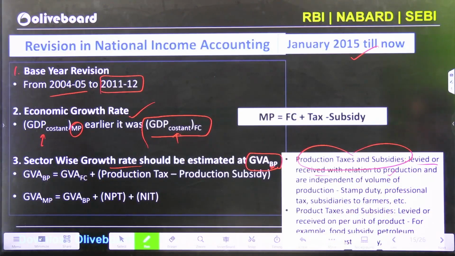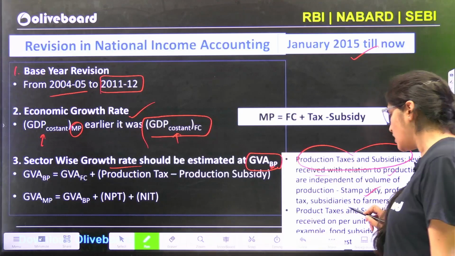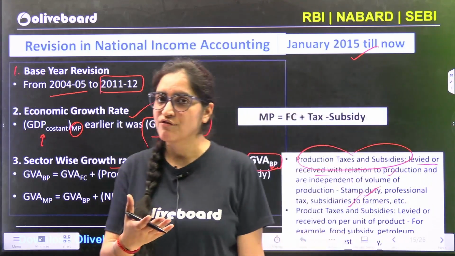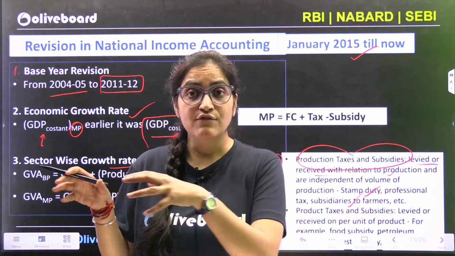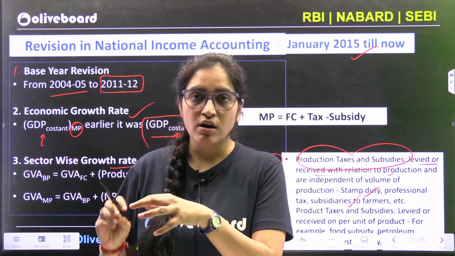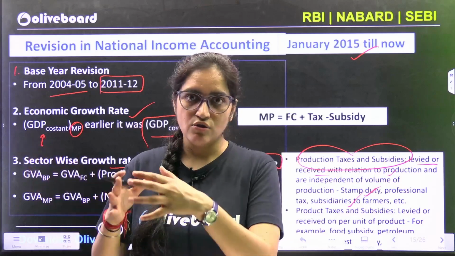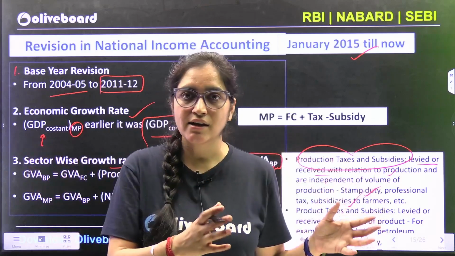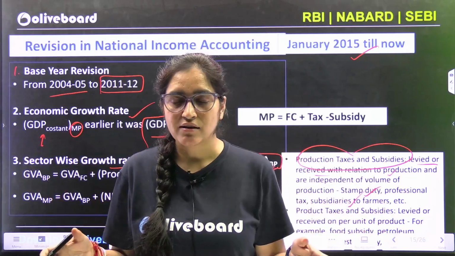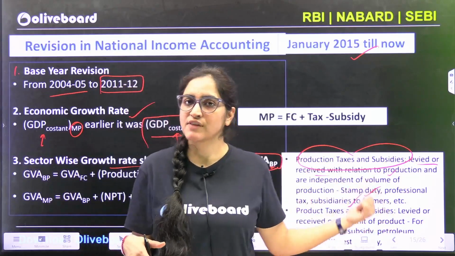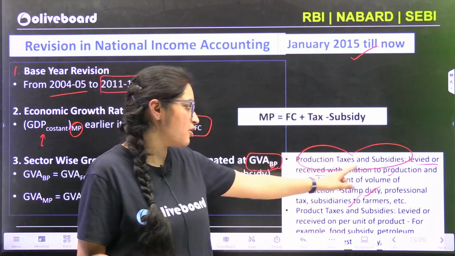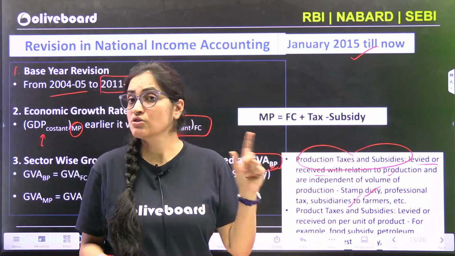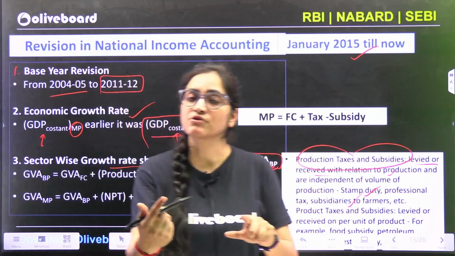You have to pay certain taxes like stamp duty, and there are subsidies given to farmers, like under PM Kisan, where the government gives 6,000 rupees. No matter if the farmer is rich or poor, has a small or larger land, no matter what the size of the land, the subsidy is given irrespective of that. Certainly, these types of subsidies are categorized under production subsidy because they are not in relation to the volume of goods and services being produced.